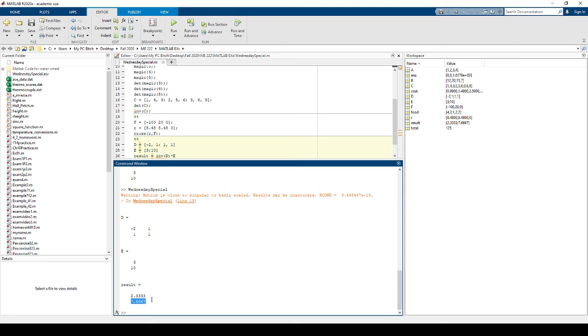That is the solution for the system of equations. So you create your matrices like this, and then you do an inverse to solve it.